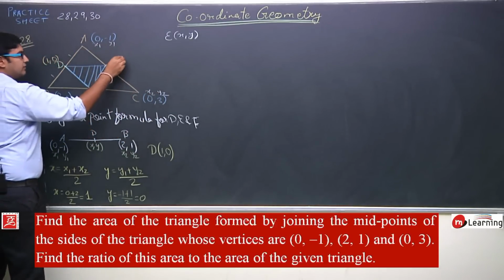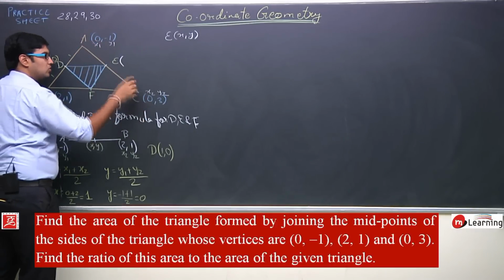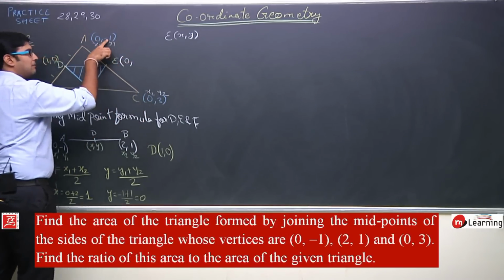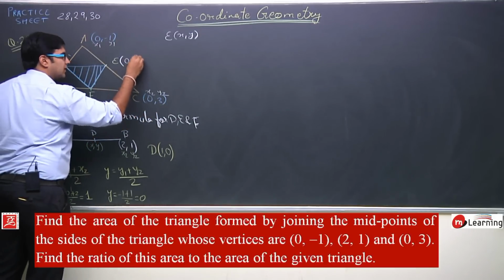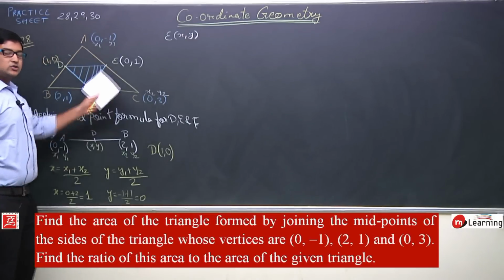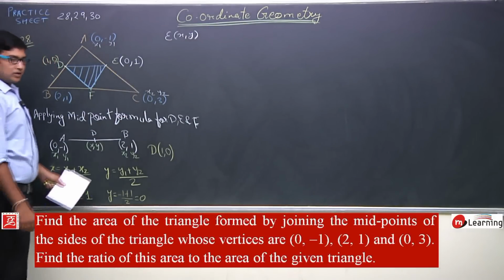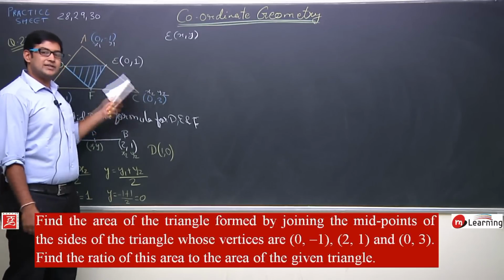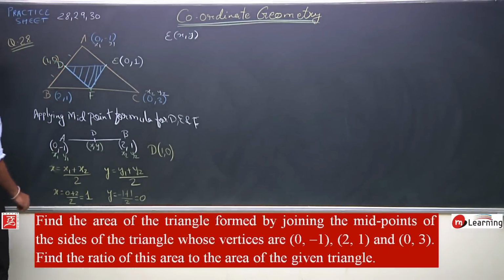So the coordinates of E will be x1 plus x2, 0 plus 0 upon 2 will give you 0, -1 plus 3 is 2, 2 upon 2 is 1. So the coordinates of point E are 0, 1. It's very easy to calculate x1 plus x2 upon 2, y1 plus y2 upon 2. Just simple, you need to apply the formula.